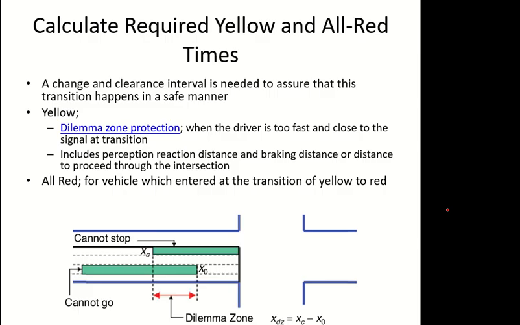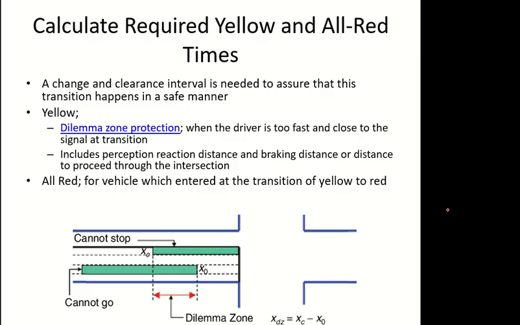The yellow is for the dilemma zone. What do we mean? You are coming close to the signal, and you need to decide whether you should stop or not because the signal has just turned yellow. So yellow time should be enough for a driver who is in the dilemma zone.